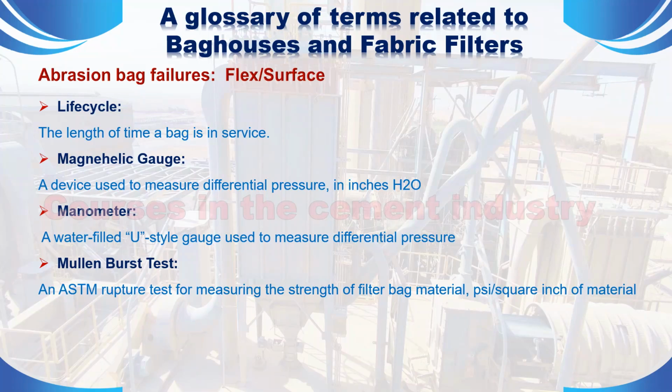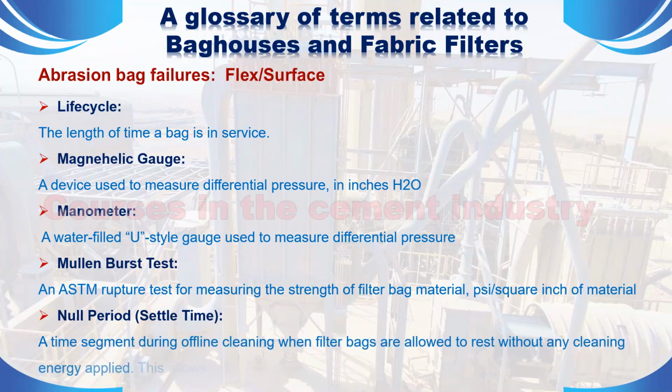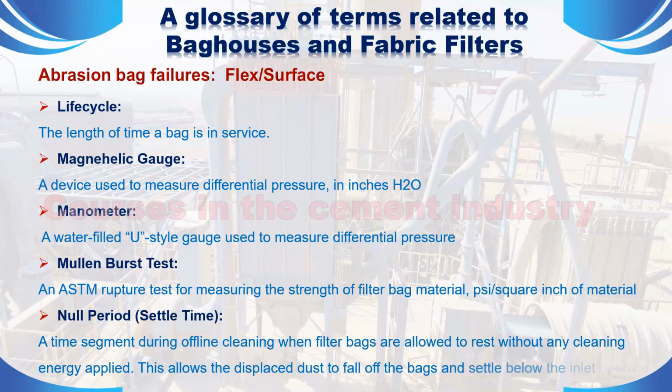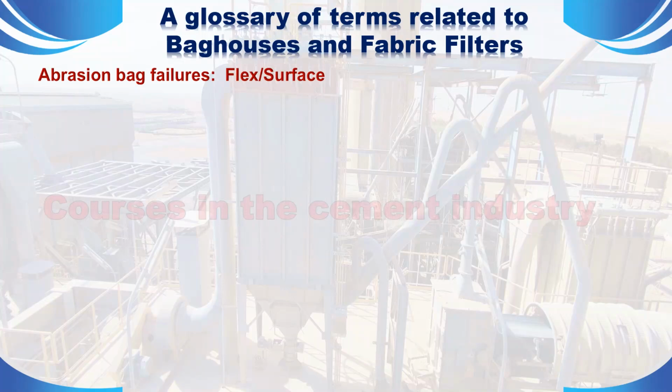27. Null period, settle time. A time segment during offline cleaning, when filter bags are allowed to rest, without any cleaning energy applied. This allows the displaced dust to fall off the bags and settle below the inlet opening. 28.